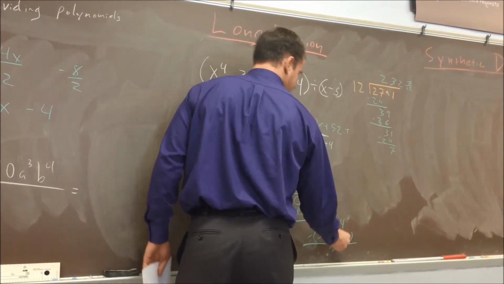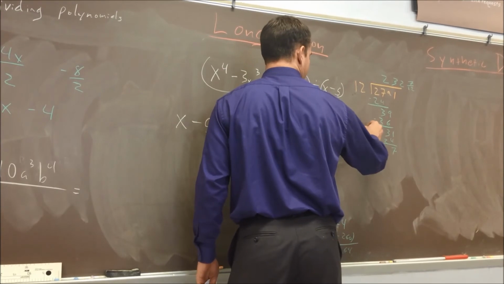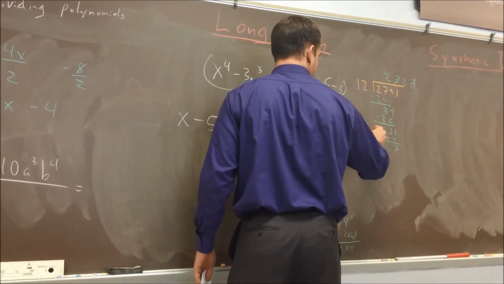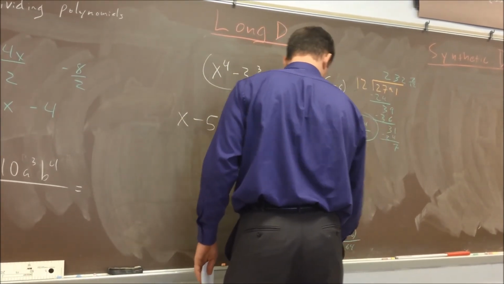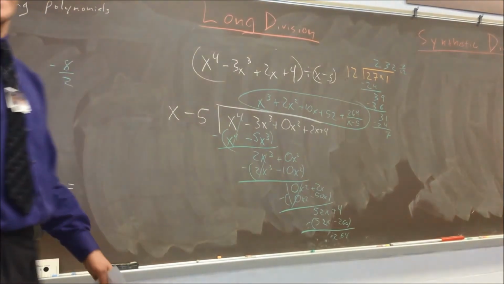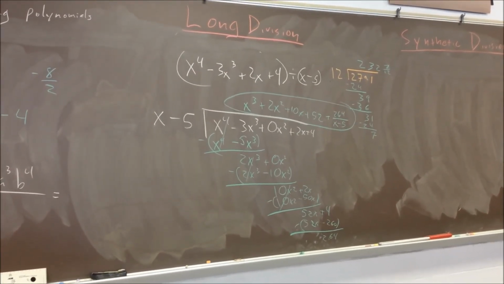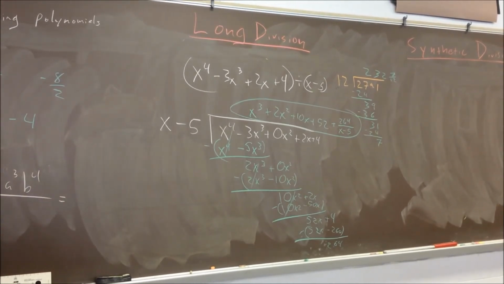Now I have a remainder of 264. So it's plus 264 all over, so like here we put it over 12, here we put it over x minus 5. Crazy? Take a few moments, talk through it with your team, put it in your own words, and copy it.